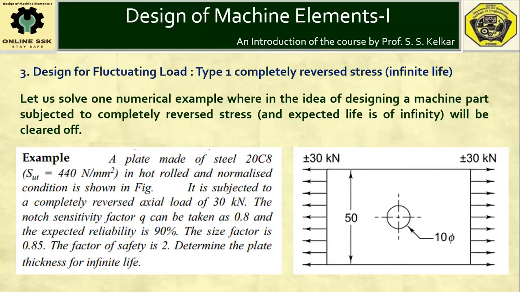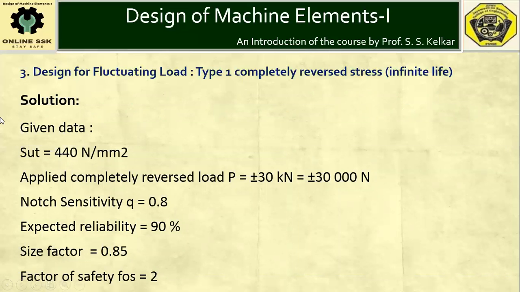To start the solution, keeping our usual practice of enlisting the given data: SUT is 440 Newton per millimeter square. Applied completely reverse load is plus minus 30 kilonewton, so plus minus 30,000 Newton. Notch sensitivity q is 0.8. Expected reliability is 90%, size factor is 0.85 and factor of safety is equal to 2.